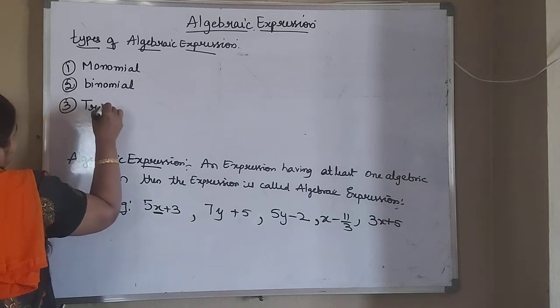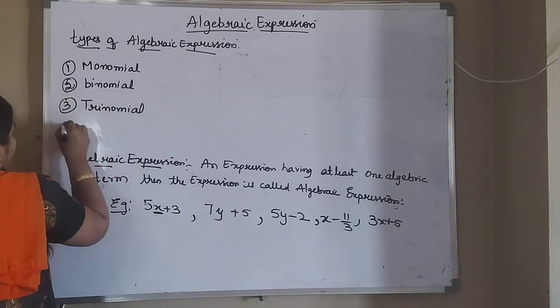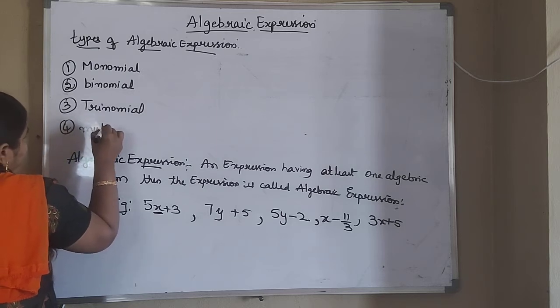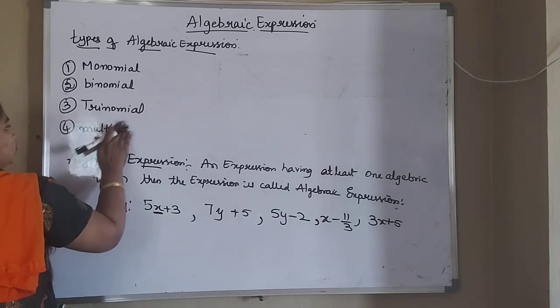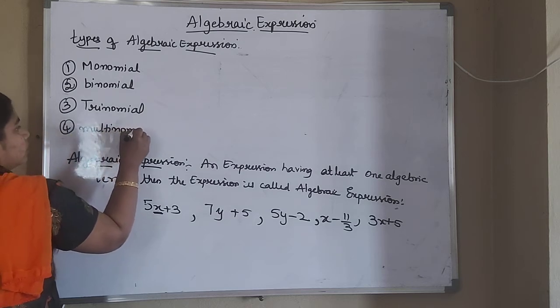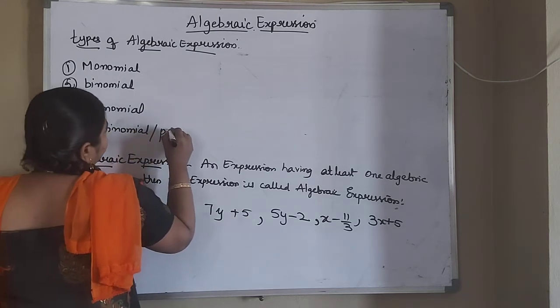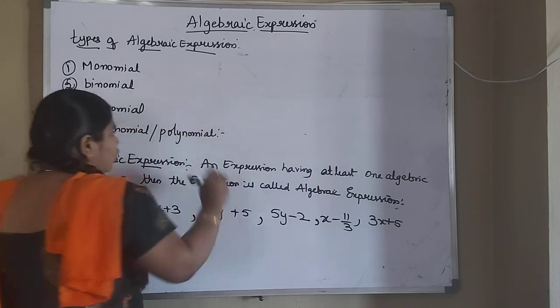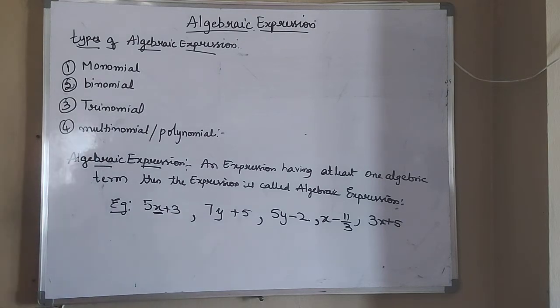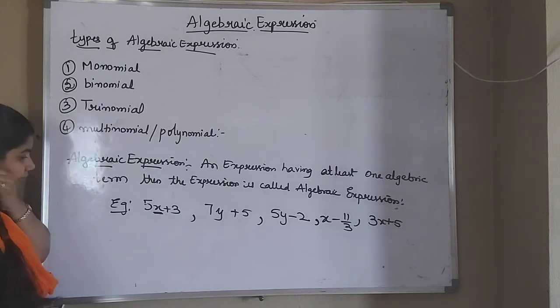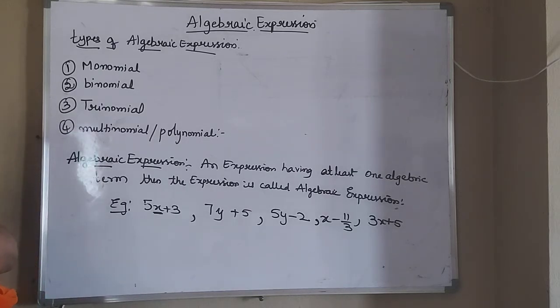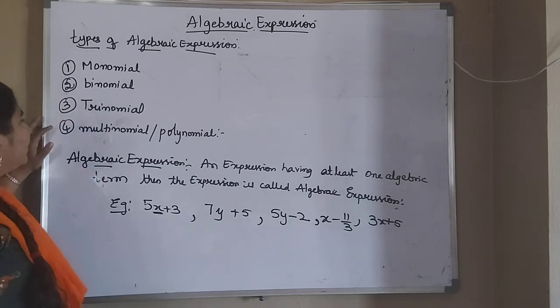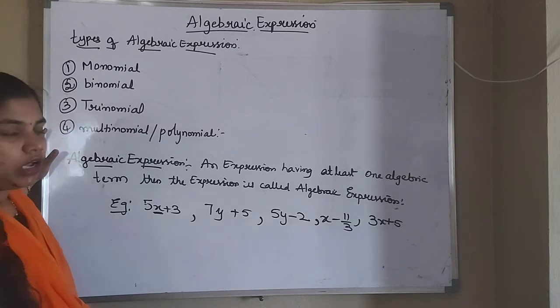Third one trinomial. Fourth one multinomial, or we can call it polynomial also. So 4 different types of algebraic expressions are there. First one is monomial, second one binomial, third one trinomial and fourth one is multinomial or polynomial.